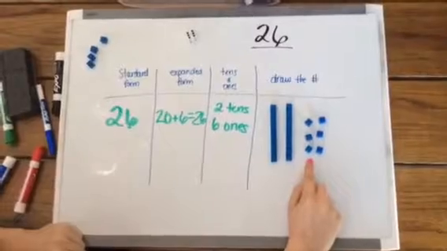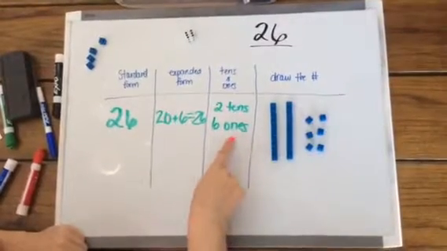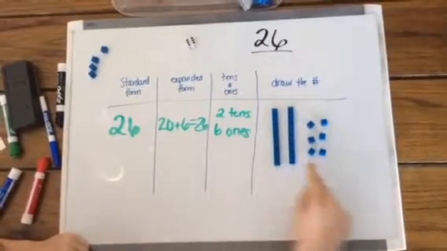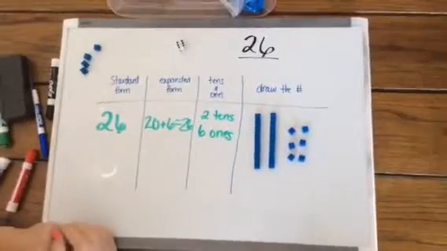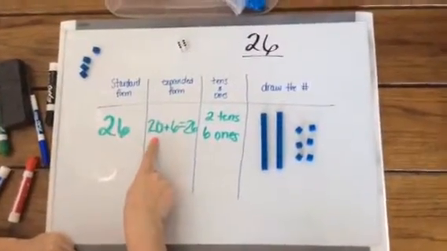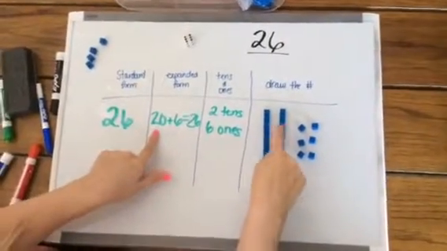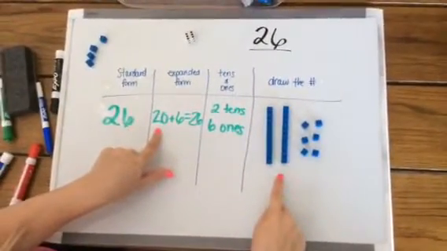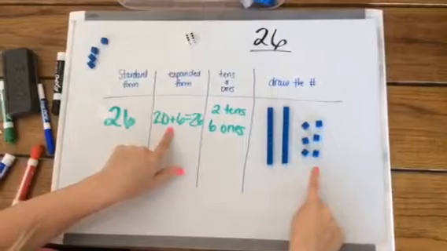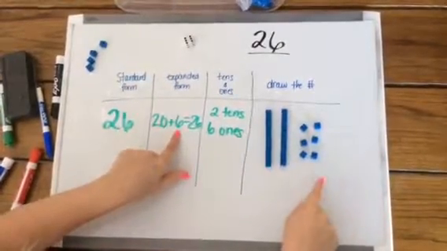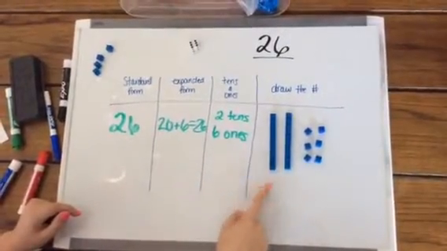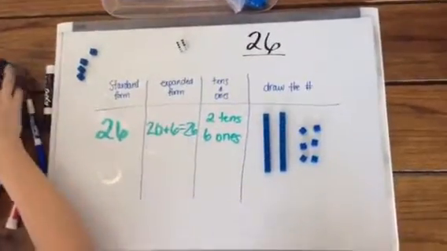Our units will equal the ones. So we have 6 ones. And this is showing us that there is 20 cubes plus the 6 units. So it's just different ways to write it. Let's do another one.